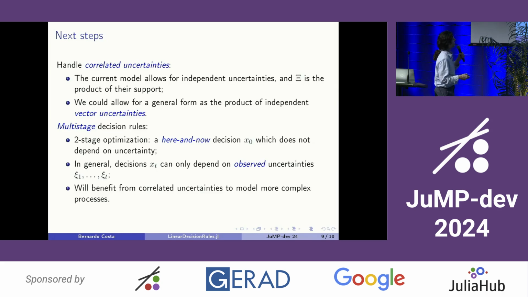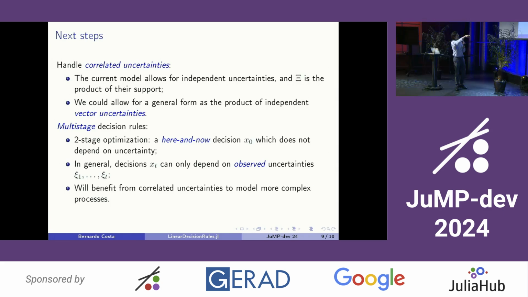And in general, if you are multi-stage, you have decisions xt that depend only on the past, so the observed uncertainties xi1 to xit. This is a nice generalization, and that's something that we hope to implement. And there's a dependency here: if we have correlated uncertainties over a long time, then it's nice to be able to construct them in the first place.